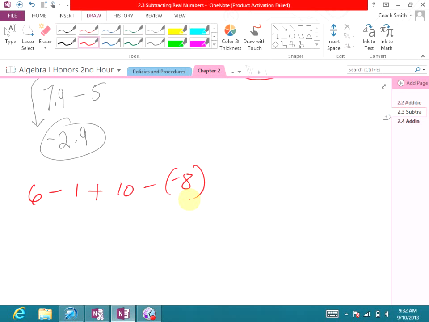You have the answer. Okay. What I want to show you is this. You need to be able to start seeing this process, so you don't have to rewrite problems.